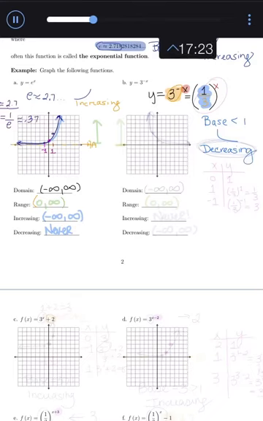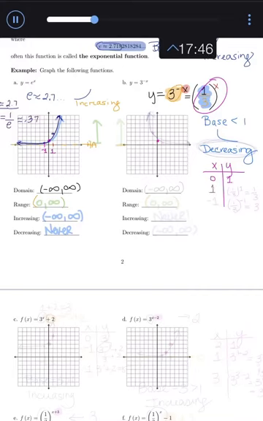Okay, well, I still need to graph some points here. Well, we know that if we plug in 0 for x, anything raised to the 0 will be 1. So plugging in some points, if we plug in 0, we get out 1. Well, what happens if I plug in 1?